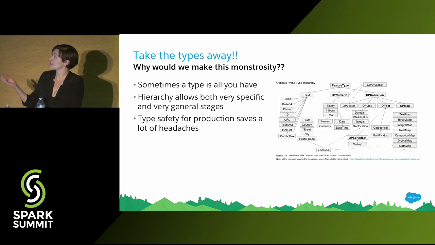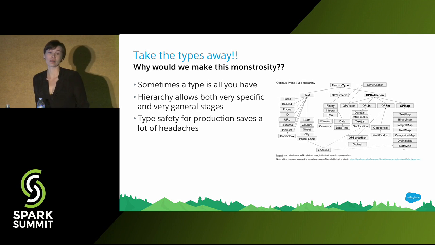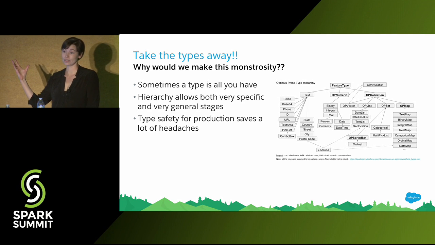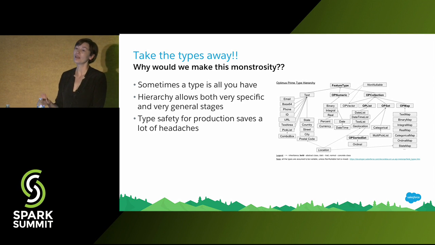And the other benefit of this, and the reason that we've set it up as a hierarchy, is that by having both text and email, we have different levels of specificity that we can put on our stages. There are specific transformations that are only appropriate for emails, and there are transformations that are appropriate for any kind of text feature, right? By having this hierarchy, we maximize code reuse by allowing our stages to be specified for different levels of type safety.